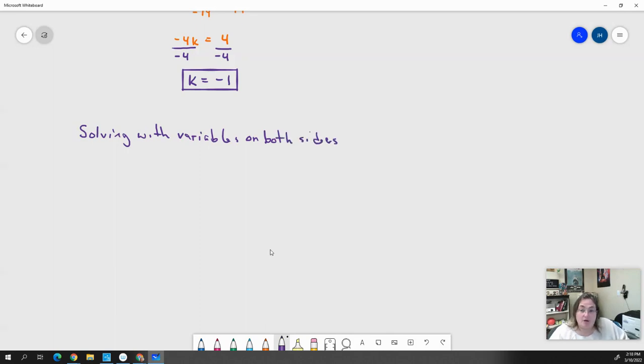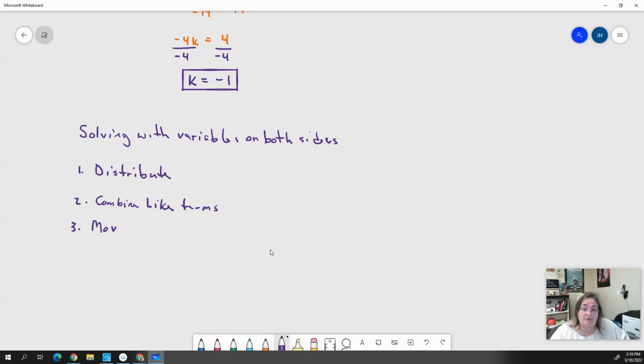So our steps for that, again, we're going to distribute if necessary. Then we are going to combine like terms. We're going to move the variables to one side or the other, right?